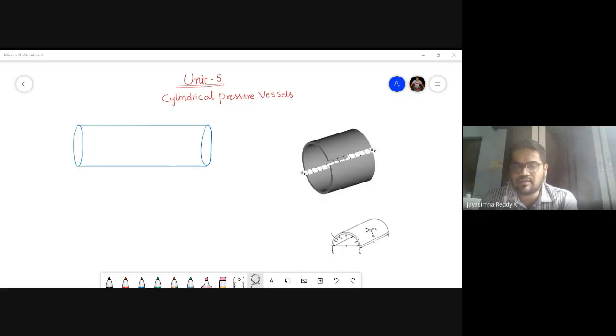So the boiler has to withstand that pressure. As a design engineer, we have to design that boiler in such a way that it withstands that pressure, isn't it? For that purpose, what will be the considerations, what will be the possible failures, and how to calculate the stresses induced in those pressure vessels? This is all we'll learn in this chapter, students.